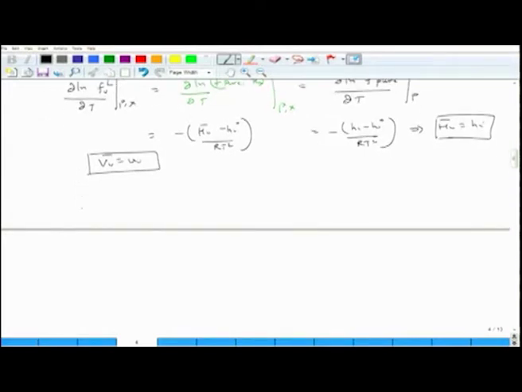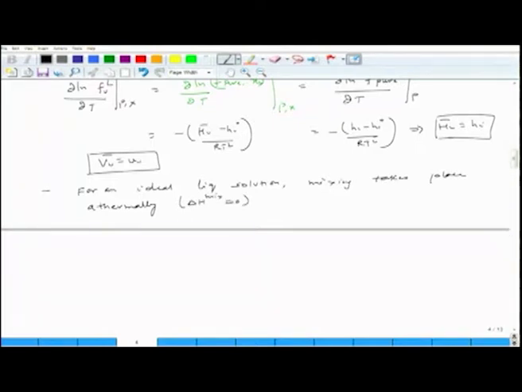By obtaining this you can conclude that for an ideal liquid solution, mixing takes place athermally, because Hi bar is equal to Hi, which essentially means delta H mix should be 0.